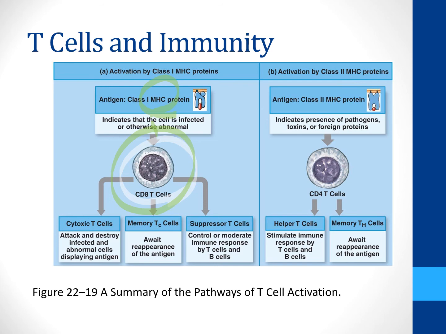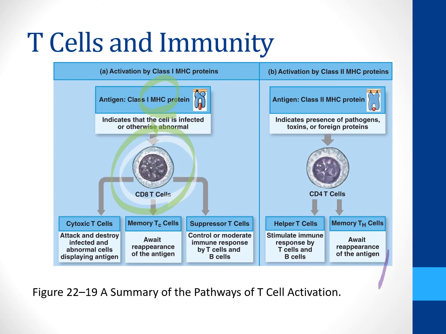Once those cytotoxic T cells are activated, they're going to attack and destroy infected cells. It's going to create memory T cells, which are going to await that reappearance or subsequent appearance of the antigen. And it's also going to stimulate suppressor T cells to control that immune response.